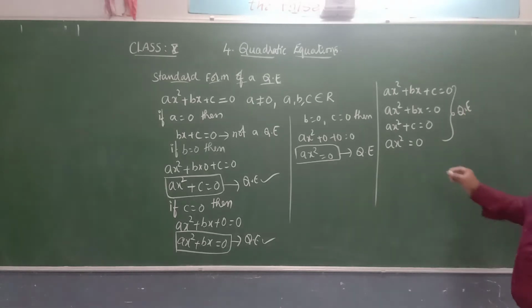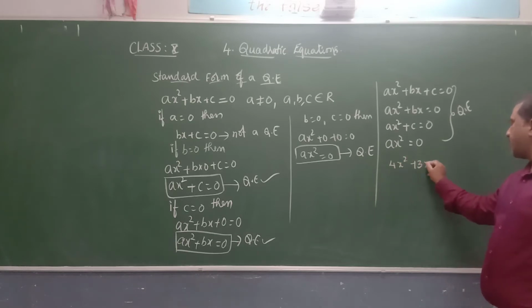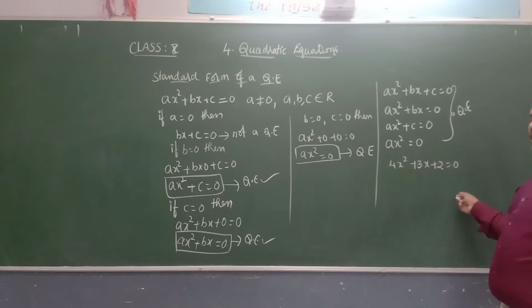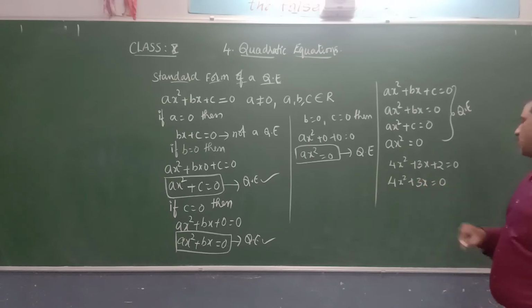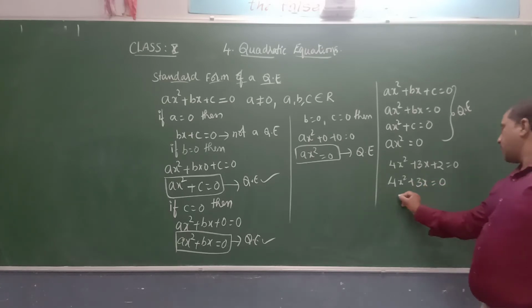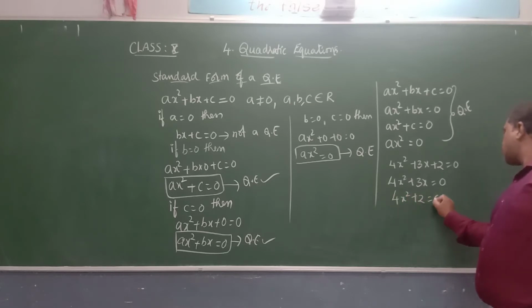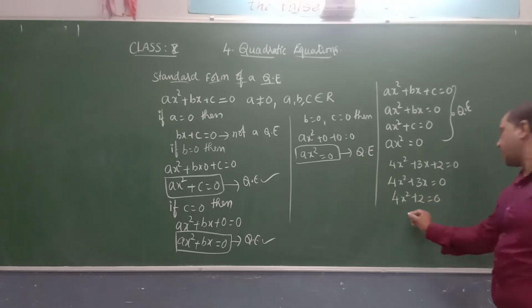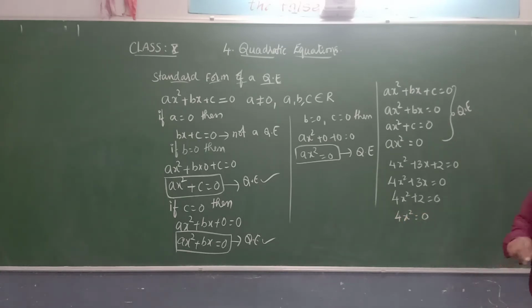So if you see 4x² + 3x + 2 = 0, this is a quadratic equation. 4x² + 3x = 0 is a quadratic equation. 4x² + 2 = 0 is also a quadratic equation. 4x² = 0 is also a quadratic equation.